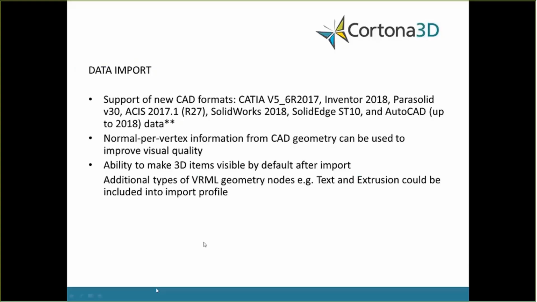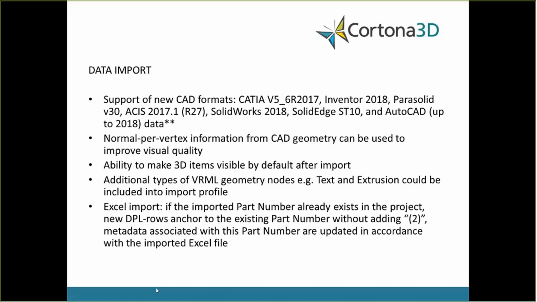Next, if you're working with DRML geometry, you can now additionally add into the project information about the text and extrusions, and they will also be included in the import profile.